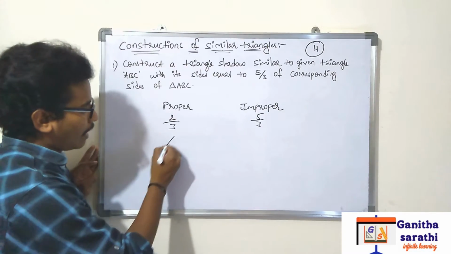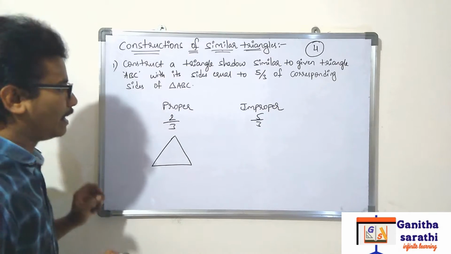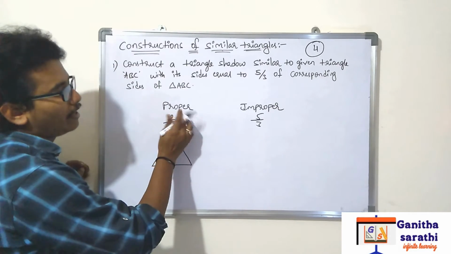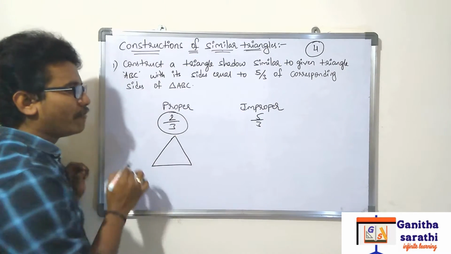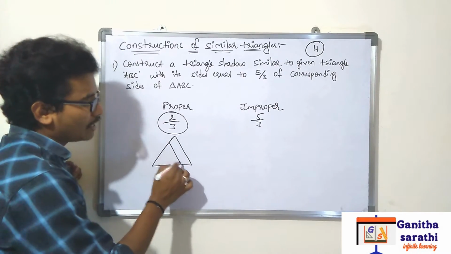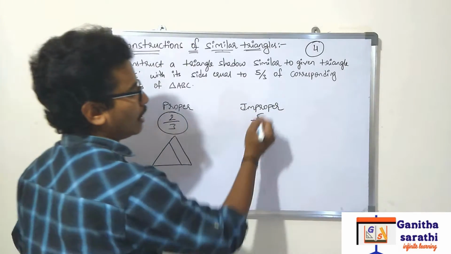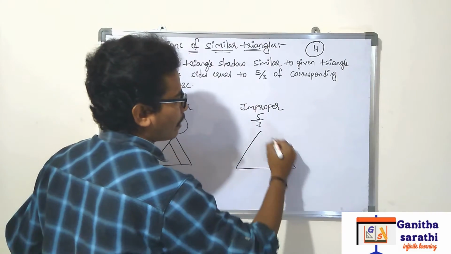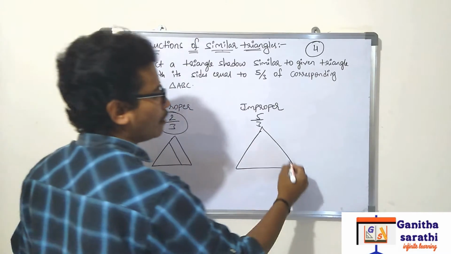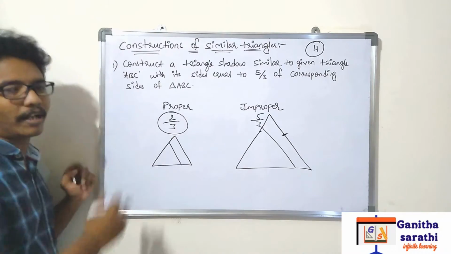If I am having a triangle like this, and if my scale factor is a proper fraction, then my similar triangle will be inside of the original triangle. If the scale factor is an improper fraction, then my similar triangle will be outside of the original triangle.